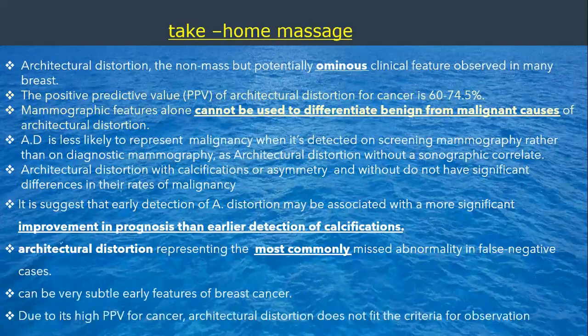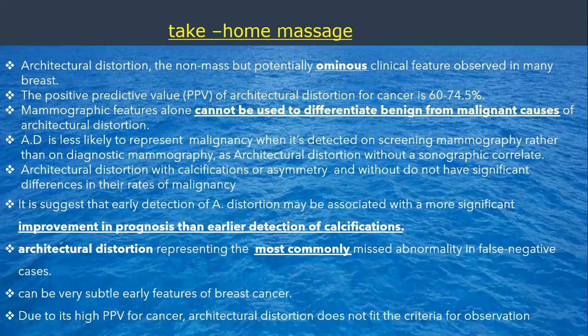Due to its high positive predictive value for cancer, architectural distortion should not fit the criteria for observation unless the case is suspected fat necrosis or suspected post-surgical scarring. Don't say you've proven this is an architectural distortion and then recommend observation.